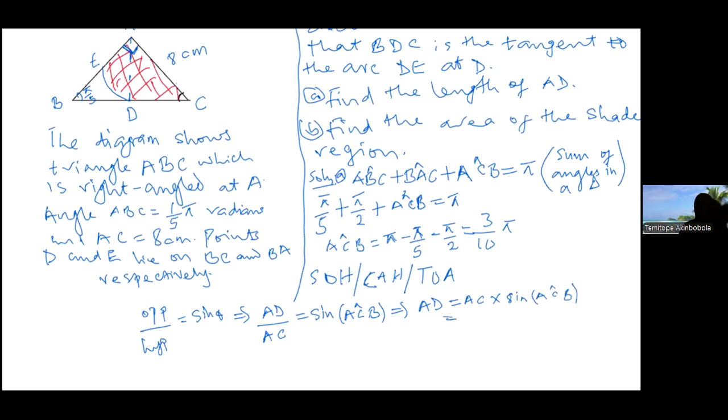So AC, which is 8, AC is 8 times sine 3 over 10 pi.